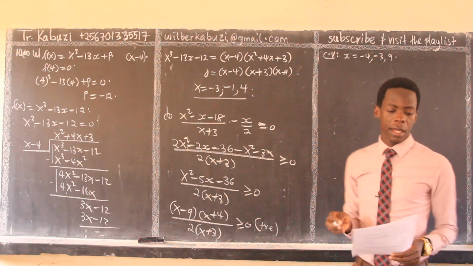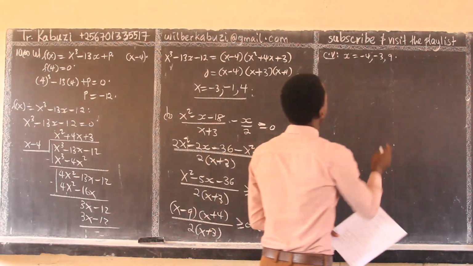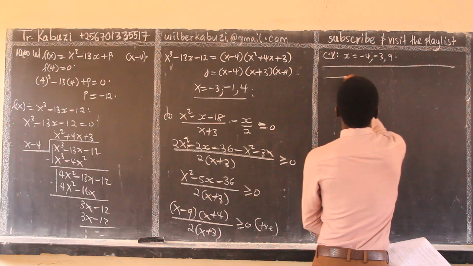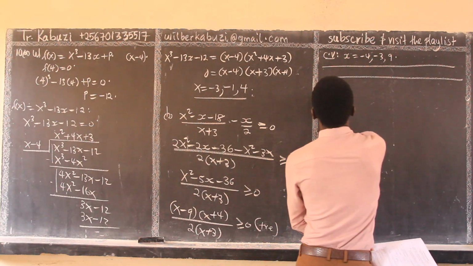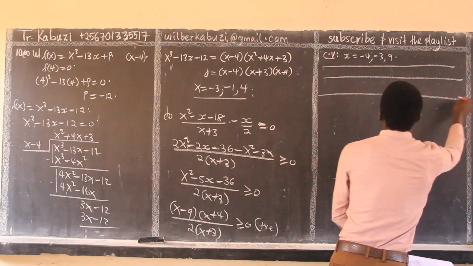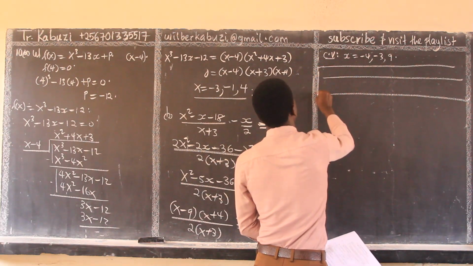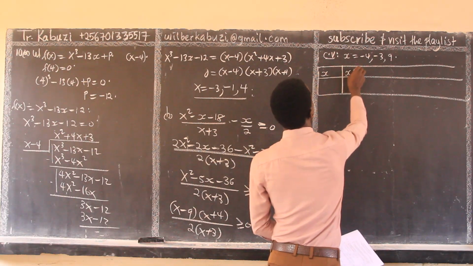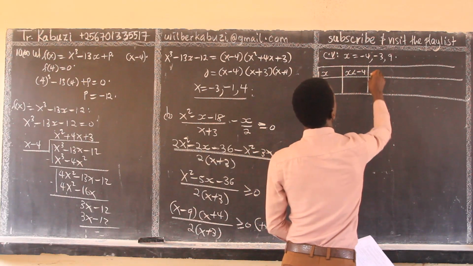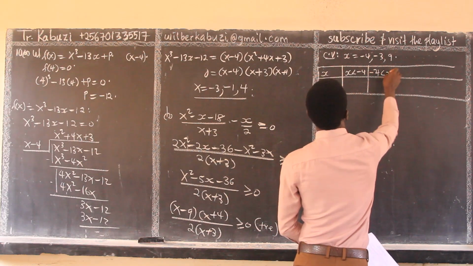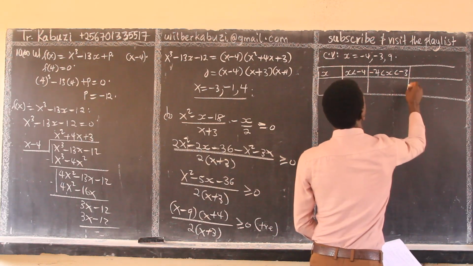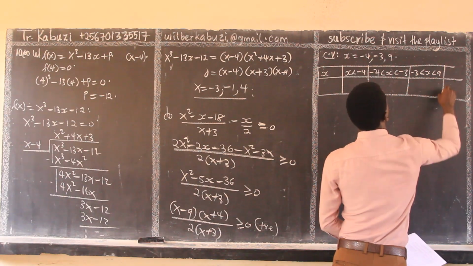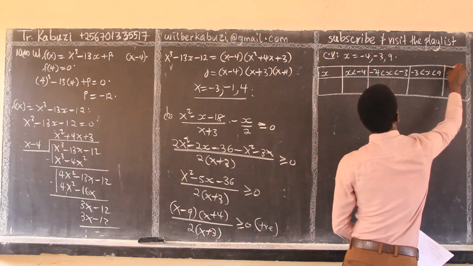Then from there, we can draw our table and analyze the critical values. Let's put here our x below the smallest, between the smallest, between this and this, then above the biggest.